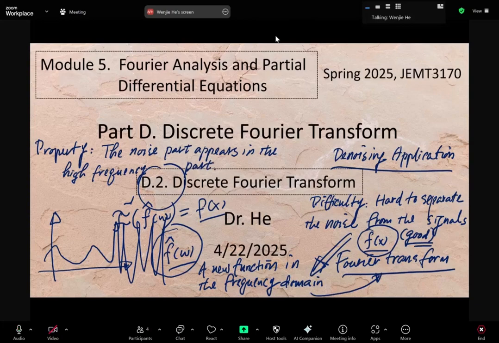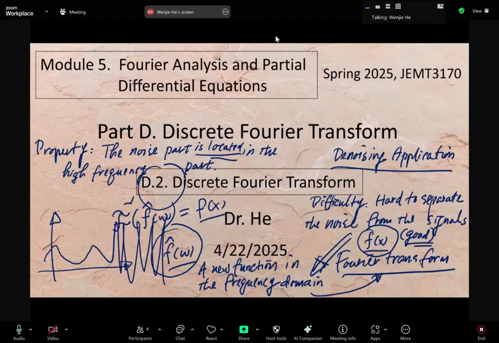It's better to say the noise is located in the high frequency part.